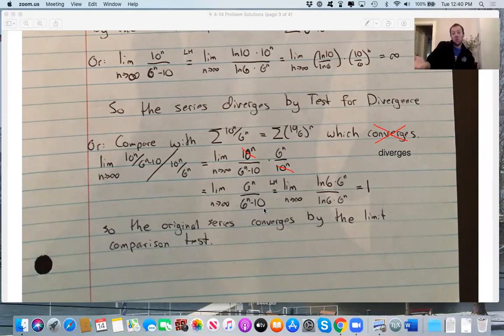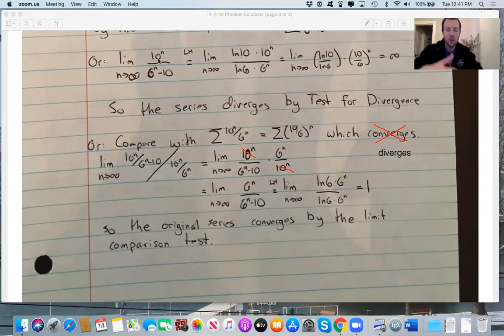And here, one way to deal with this is an indeterminate form, so you can use L'Hopital's rule. The derivative of exponential functions is the exponential times this extra natural log. The derivative of a constant is 0, so what we get on the top and bottom is the same. Everything cancels and the limit is 1.